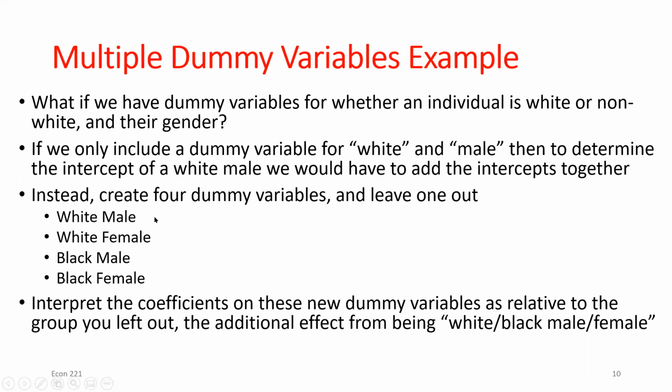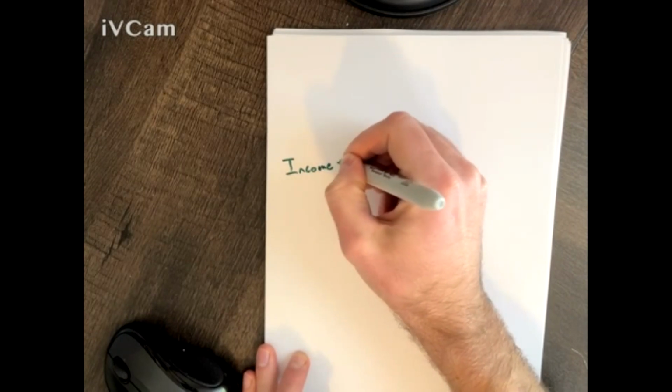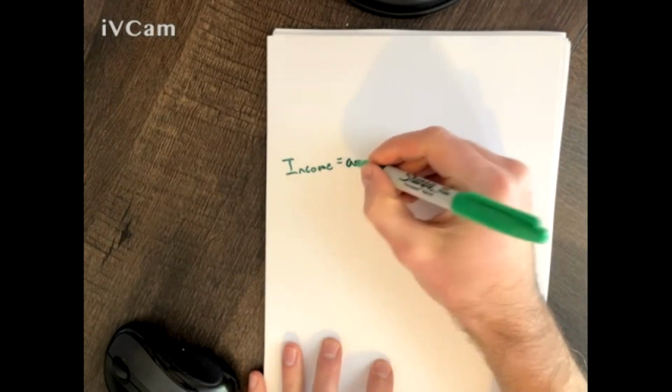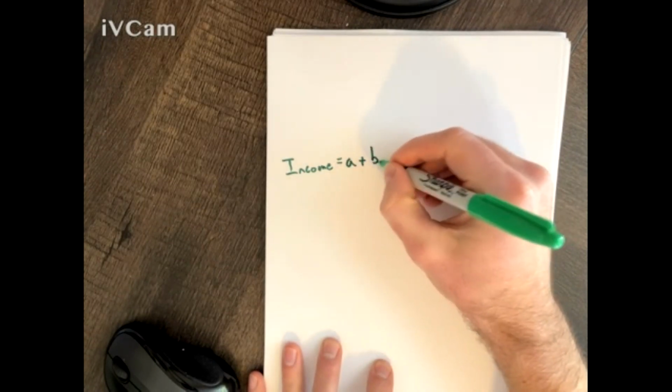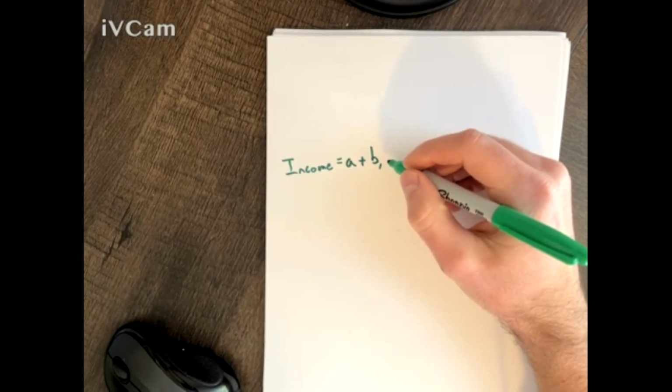So what might make sense is, if I've got income, let me see, I didn't have an example here on the slide. So let's say I do something like this. Maybe I want to identify, are there any wage disparities in terms of race and gender? So I'm going to try to predict income, and I'm going to have all these different combinations. Maybe I'll keep it easy in this one.